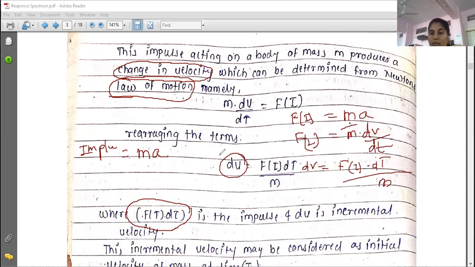We can understand from the LHS and the RHS that dv is the velocity and F_i into dt is the impulse.